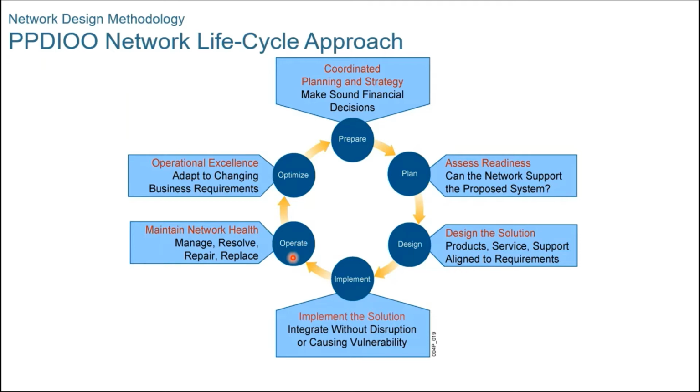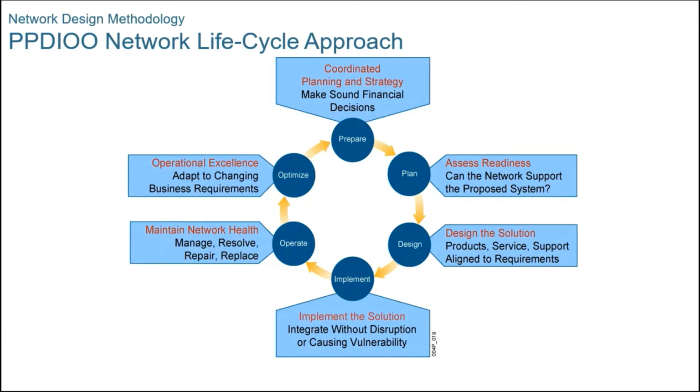So the next one would be the operate phase. Okay, so maintain network health, manage, resolve, repair, and replace. Now the operation is the final test of the design's appropriateness.